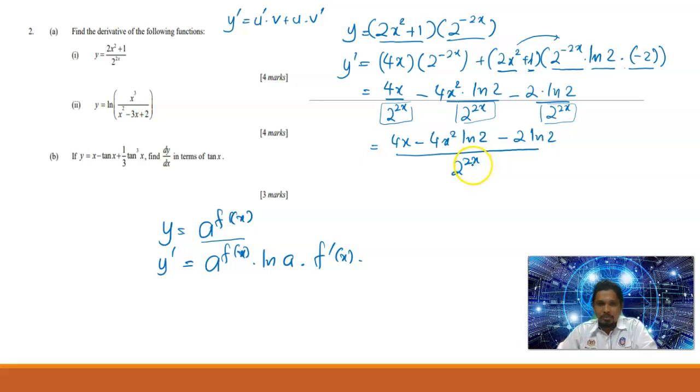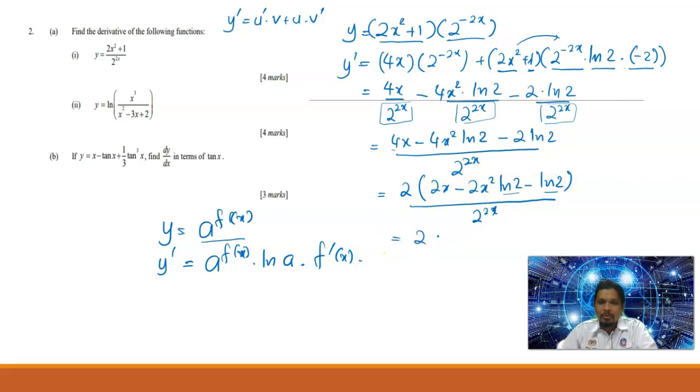So you may factorize this. We have 4, 4, and 2. So take out the 2 here, and then 2x minus 2x squared natural log of 2 minus natural log of 2 divided by 2 to the power of 2x. And then between this, we have natural log of 2 and natural log of 2.